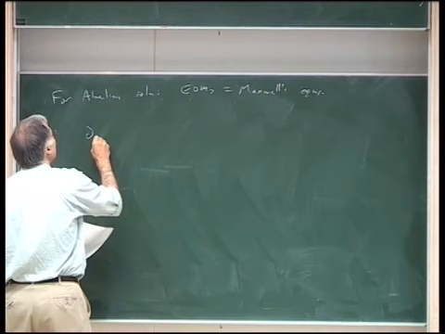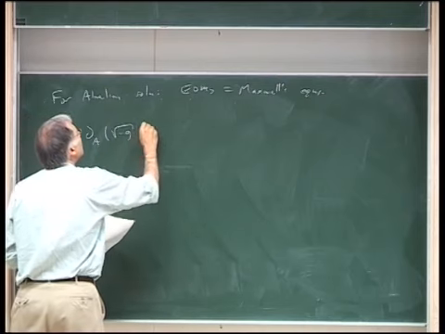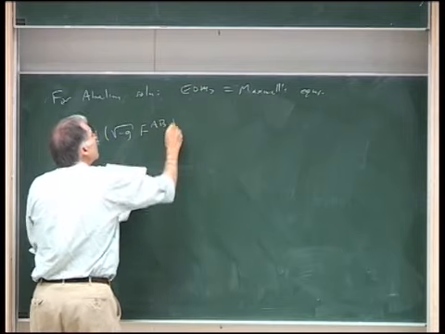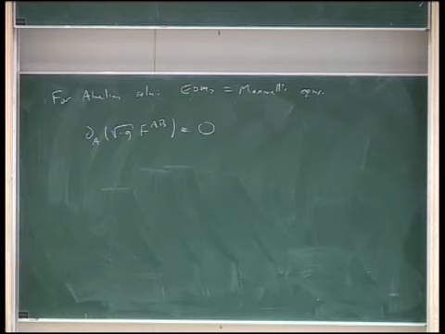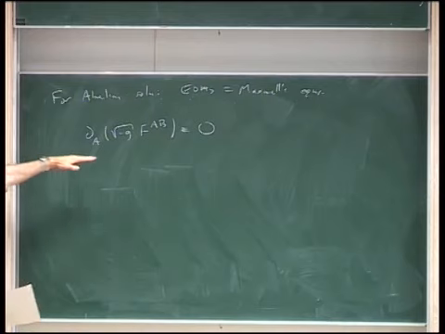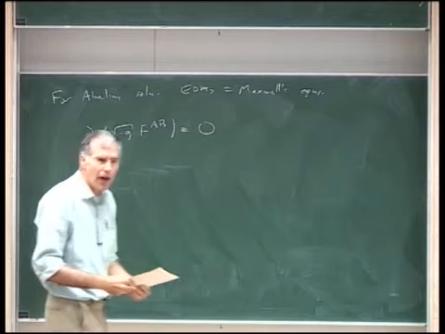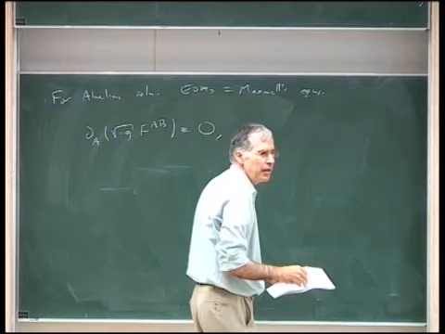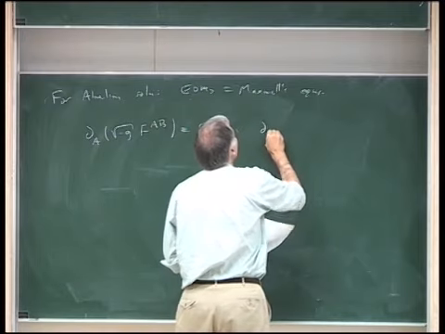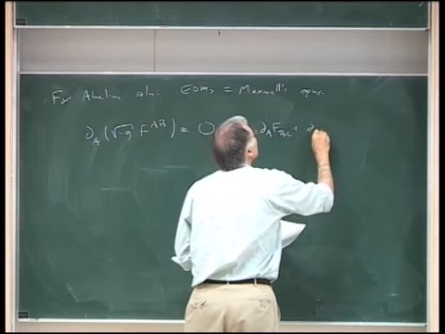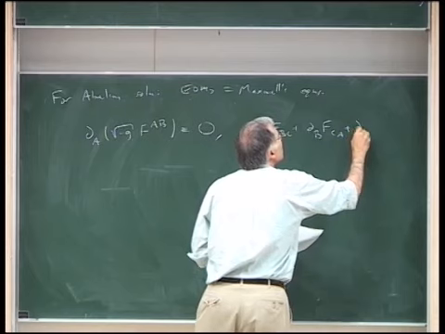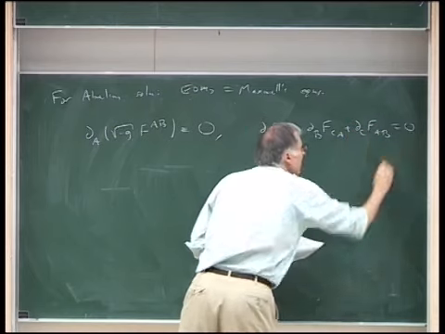Okay, so let's write them down. Right, go ahead, vary the gauge field. Half of Maxwell's equations is just this statement that the divergence of the field strength times a factor of root minus g equals 0. The other half of Maxwell's equations come from the Bianchi identities, which I can write like that.